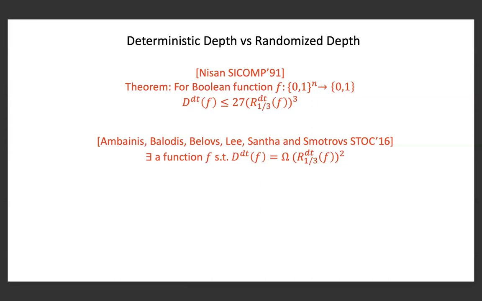Okay. And the exact relationship between deterministic depth and the randomized depth is still an open problem. That is, we don't know whether 3 in the Nisan result is optimal or not. We know that it should be somewhere between 2 and 3, but the exact relationship is still unknown.